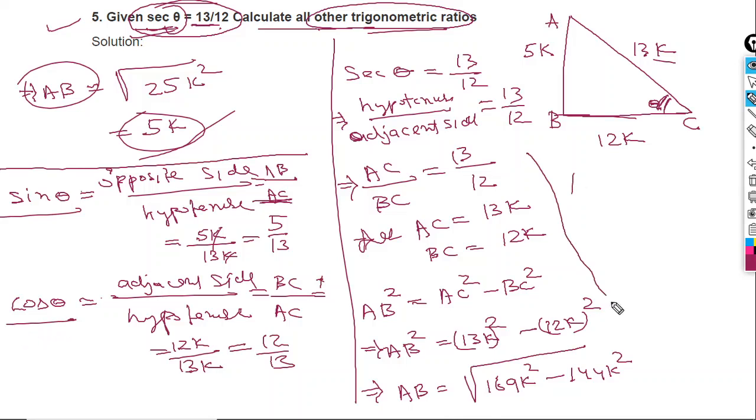Similarly you can find tan theta, since sec theta is given. Tan theta is the opposite side divided by the adjacent side.